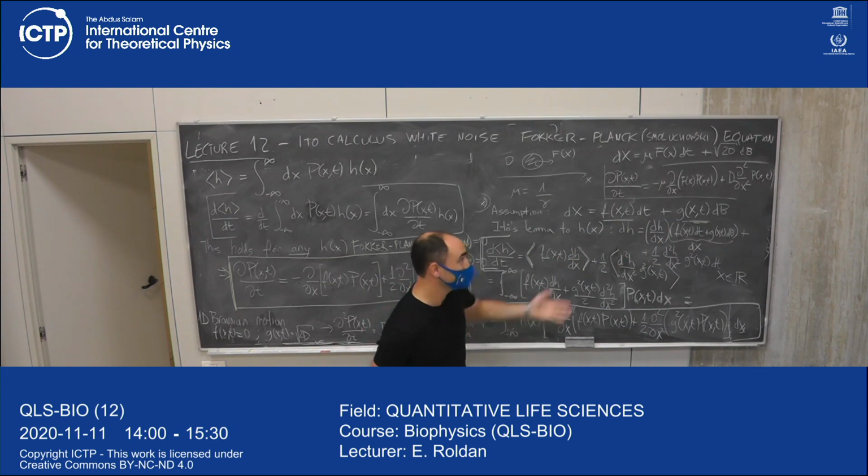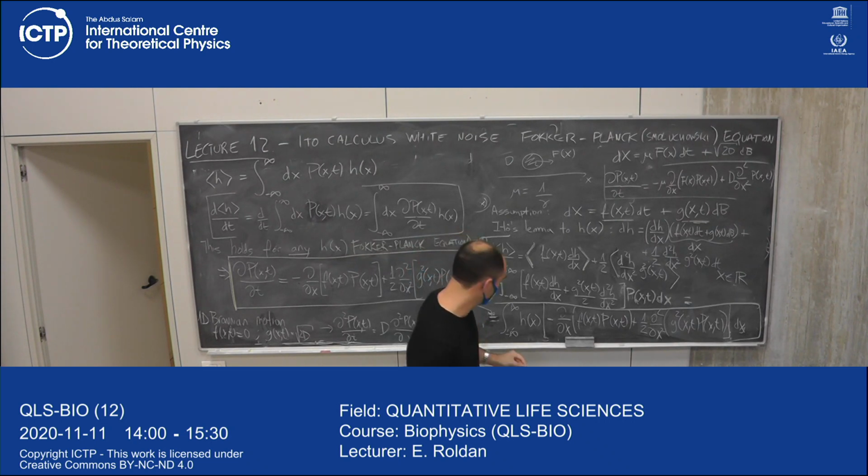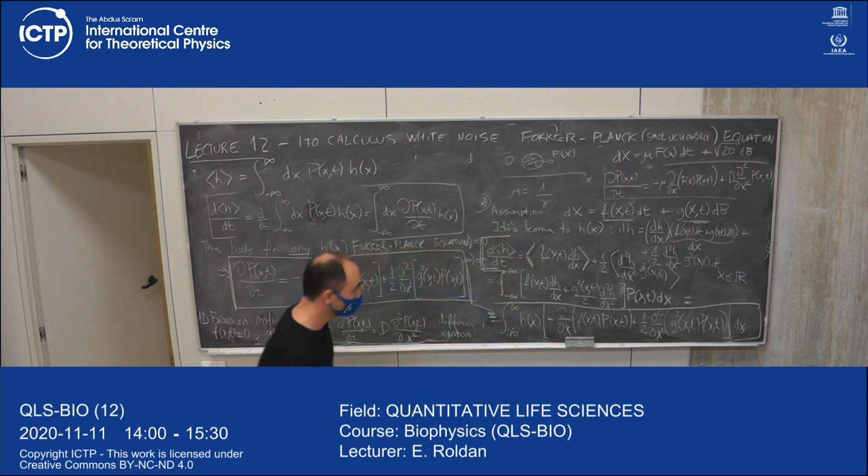And it's relevant, as you see: if you can solve this, you know the distribution at any time. I will use this in some biophysical examples later in the course. For now, this is it for today. Any doubt or question? You see there's math, but this math will be useful for you.